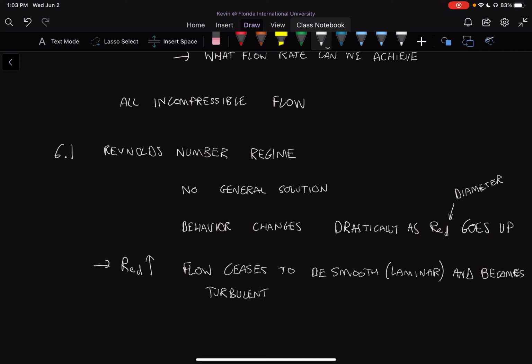And we'll look at the different types of things that can influence Reynolds number and why we would have turbulent flow versus laminar flow.